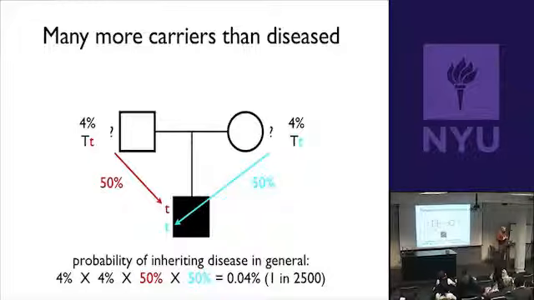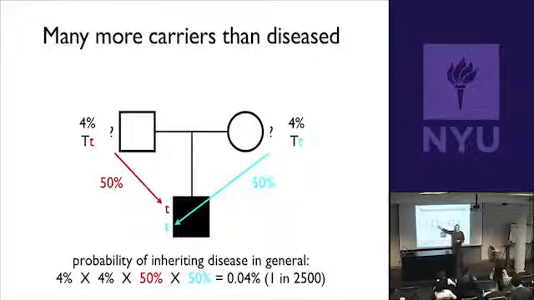So the way to think about it is that for diseases that are really rare, that are genetic, they're almost always caused by relatives having children with each other, okay? And that's because the carrier frequency is very low, okay? And the way a person gets two bad alleles of something is not by two random people from the population having children, okay?